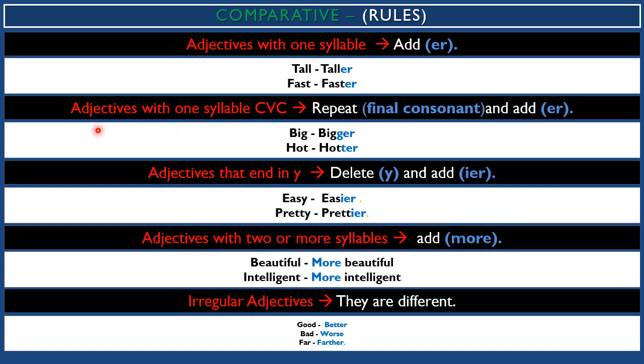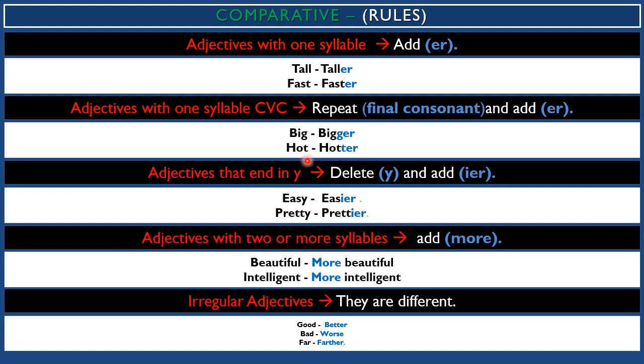For the second one, adjectives with one syllable, CVC. CVC is consonant, vowel, consonant. In this case, we repeat the final consonant and add er. For example, big, bigger, hot, hotter. So big and hot have only one syllable.